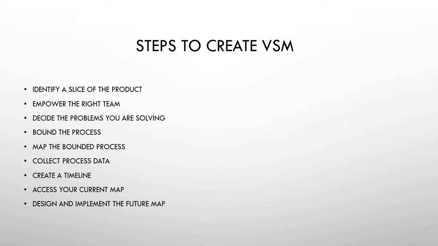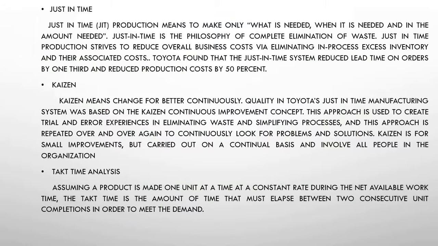After bounding the process, we have to map the bounded process, and after that, we have to collect some data in the value stream mapping. After collecting the data, we have to create a timeline of the project. Then we have to assess our current map, and finally we have to design and implement the future map. All these are the steps to create a value stream mapping.